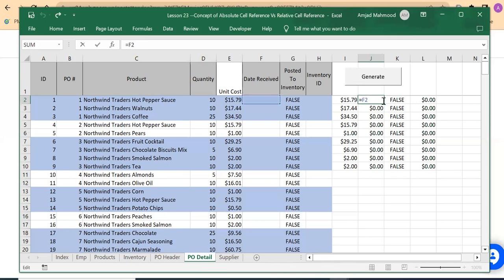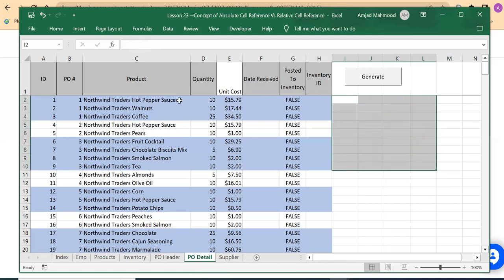Double click here, this is F. Then F changes to G, G to H, because it is relative now, relative to the direction in which it is being copied. So far so good.